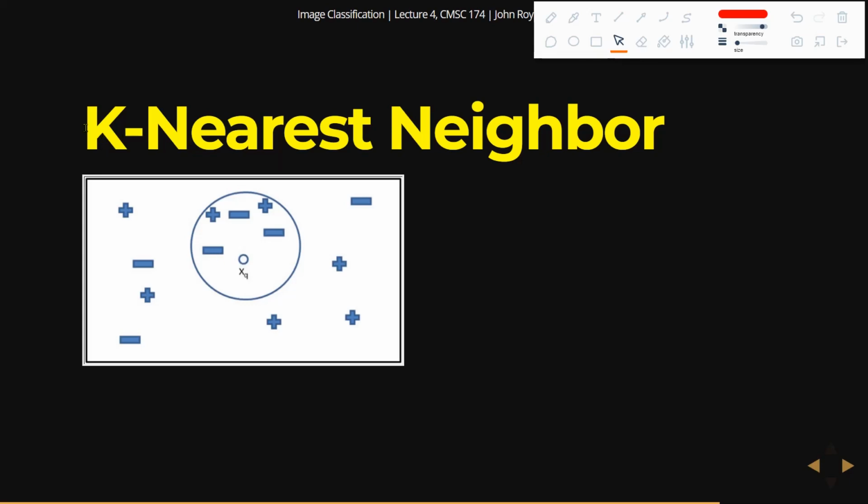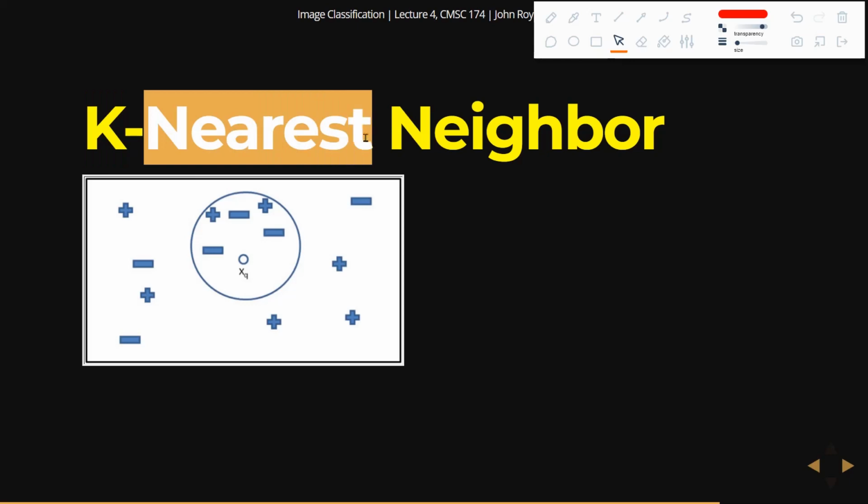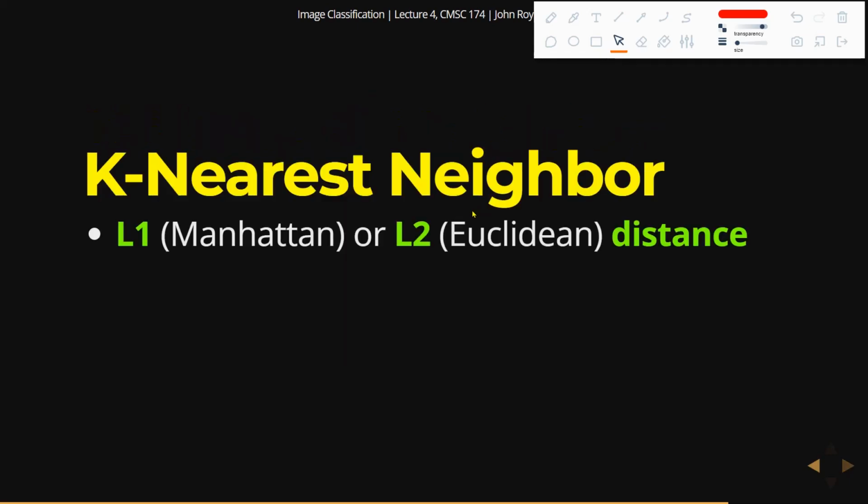So the k here refers to the number of neighbors that you need to consult. And the nearest part means that we need to measure the distance, right? So we usually either use L1 or L2 distance, either the Manhattan distance or the Euclidean distance.